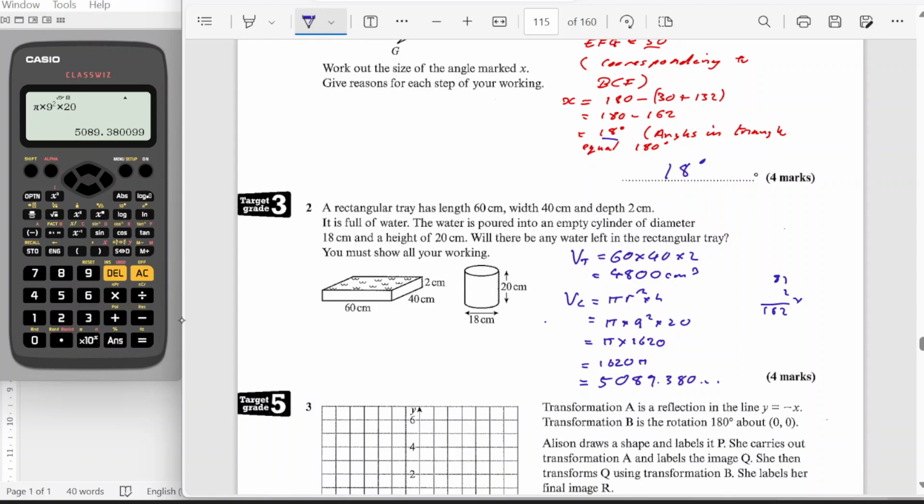So will there be any water left in the rectangular tray? No, as 4,800 centimeters cubed is less than 5,089.4 centimeters cubed.